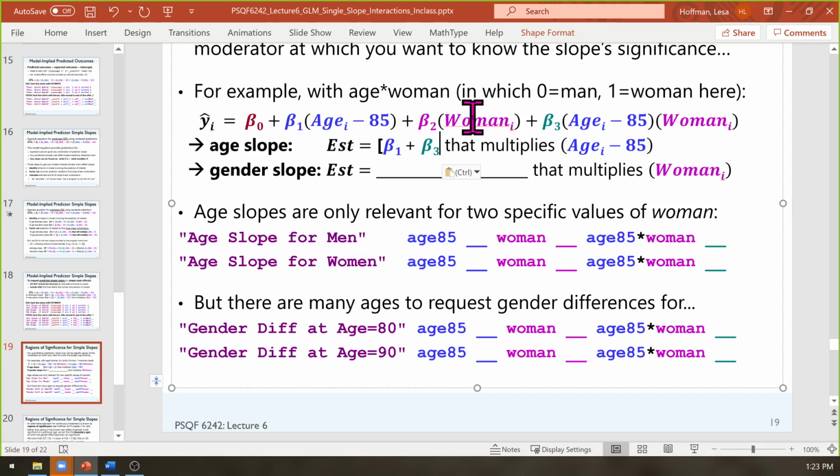I think you need to add woman after beta 3. Yes, we do, because beta 3 is a moderator. It's like an operator. And so you have to tell it for what kind of person you want the age slope. The for-what-kind-of-person part is: which predictors interact with age?